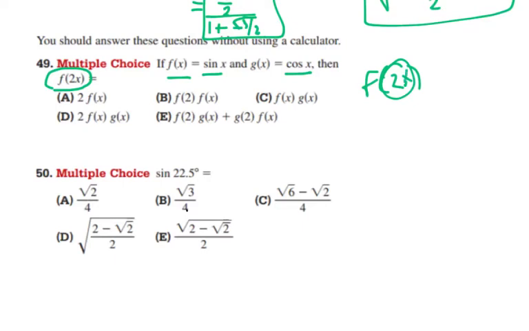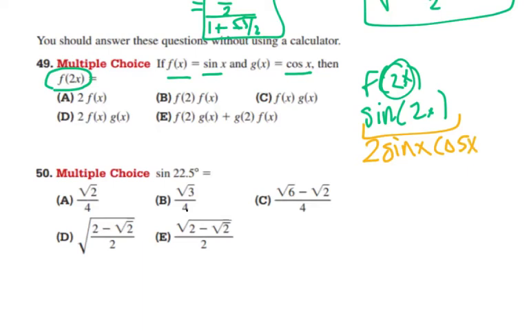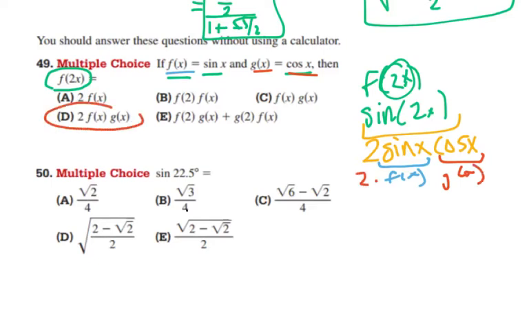And so that means that I'm going to have sine, and instead of x, 2x. And sine of 2x from our formulas equals 2 sine x cosine x. And so when we look at what they gave us, sine of x is technically f of x. And cosine of x is technically g of x. And so we're looking at 2 times f of x g of x, which is this one.